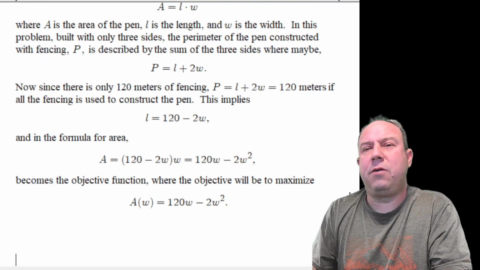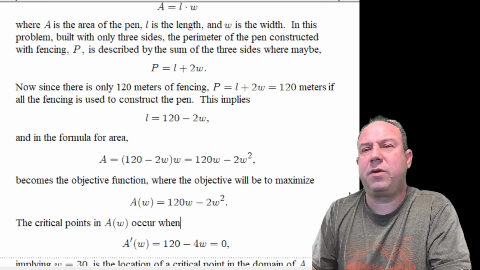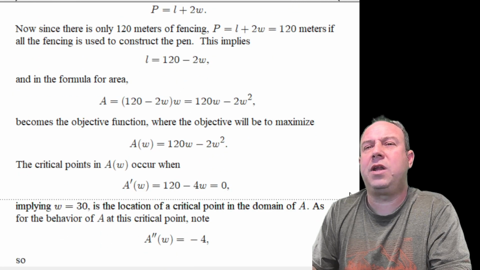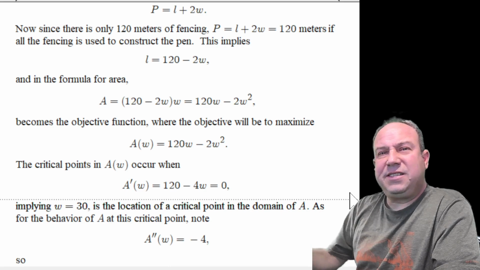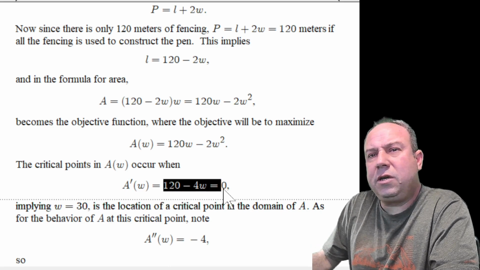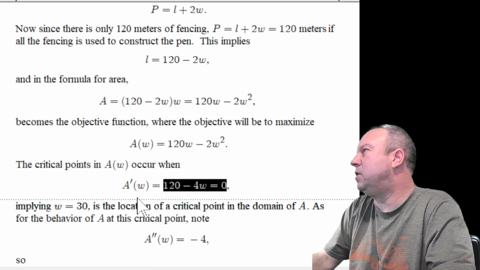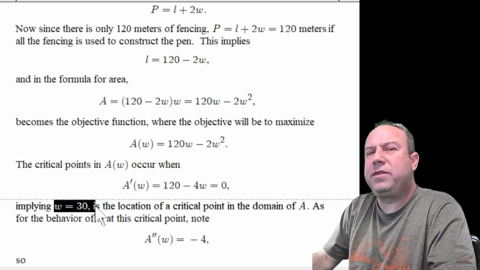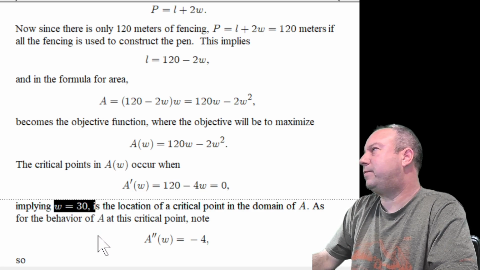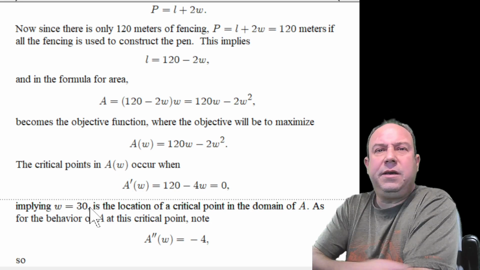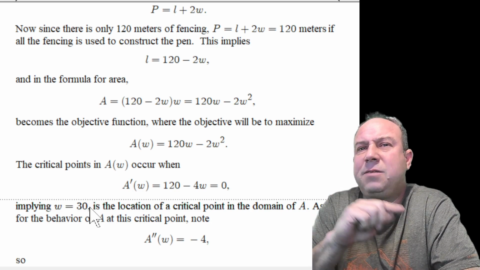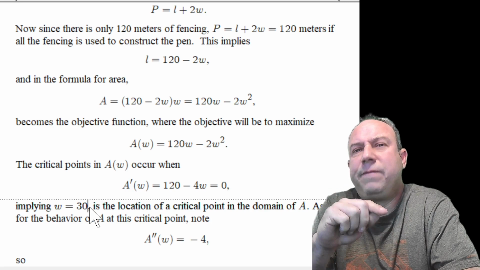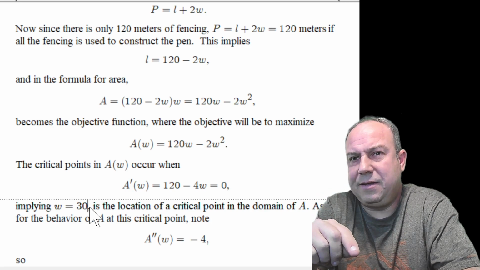If we note the first derivative of this function is going to be 120 minus 4W. That does exist everywhere, where our only critical point will come when we set it equal to 0 and we find a width of 30. A width of 30 should give us a maximum area for our pen.